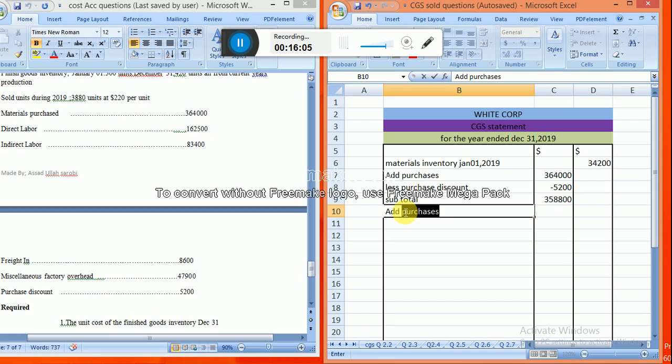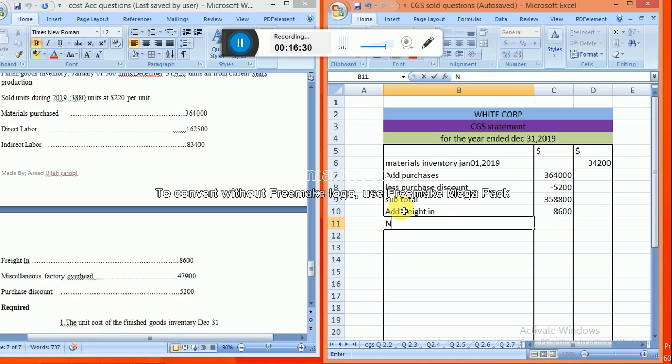Add freight in. How much? That is 8,600. Now our net purchases. How much is our net purchases for the year 2019?